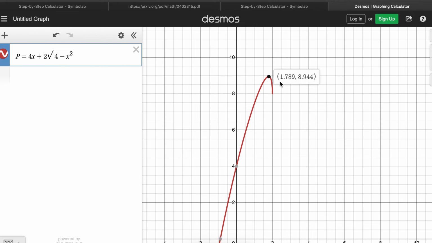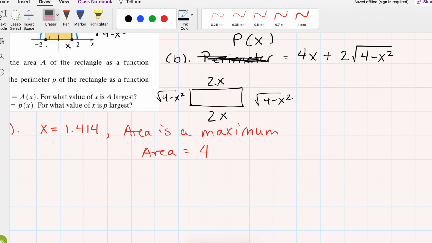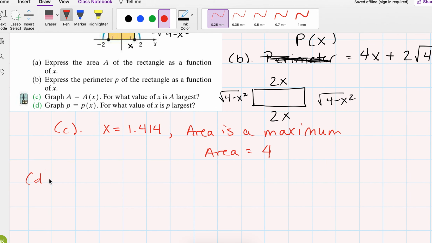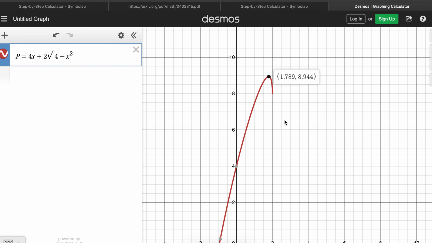So when x is 1.789, let's write that down. So D, x is 1.789, the perimeter is at a maximum. And let's figure out what that maximum perimeter is. So the maximum perimeter is 8.944.